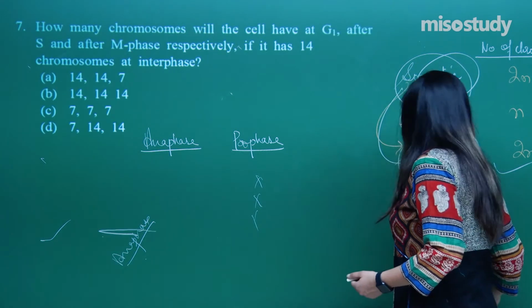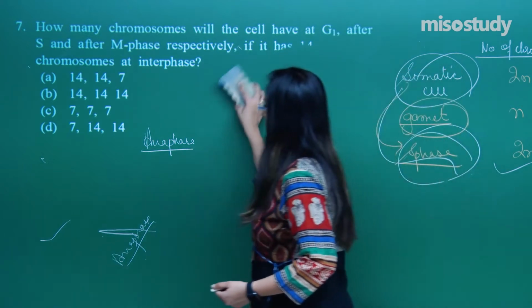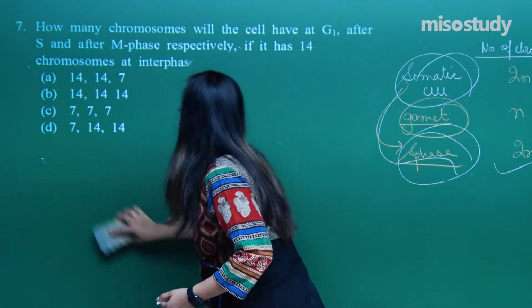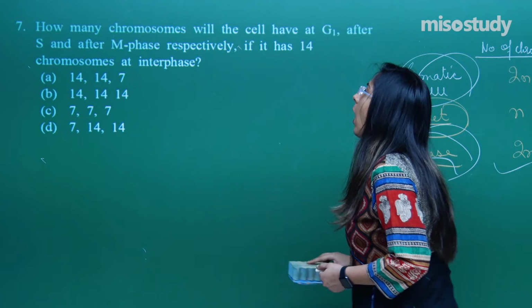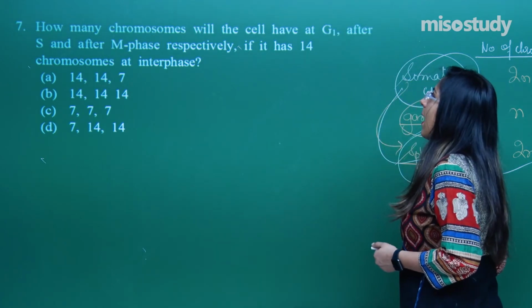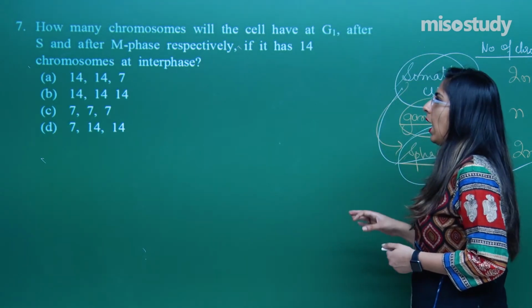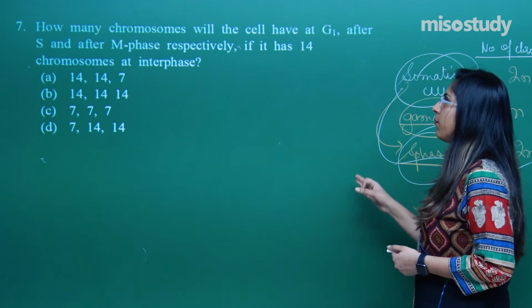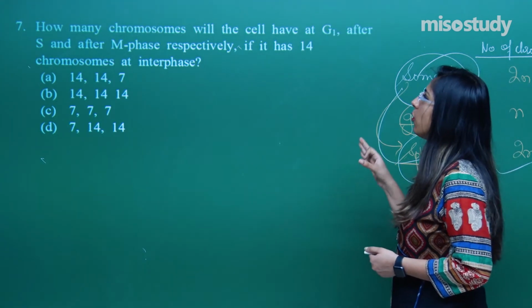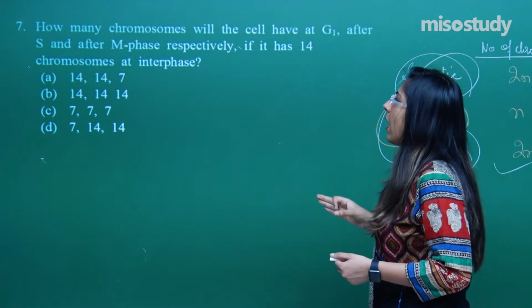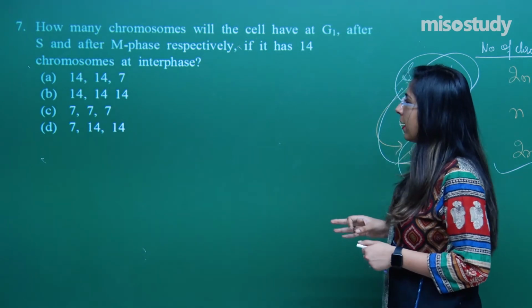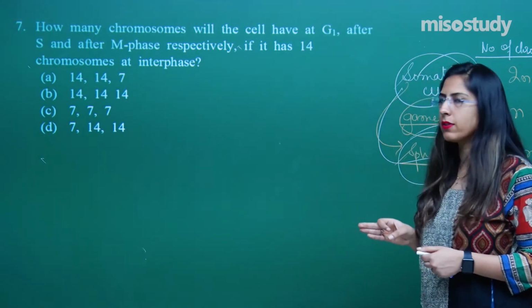Let's look at the next question. How many chromosomes will the cell have at G1? After S phase and after M phase, it has 14 chromosomes at interphase. That means they are discussing mitosis.